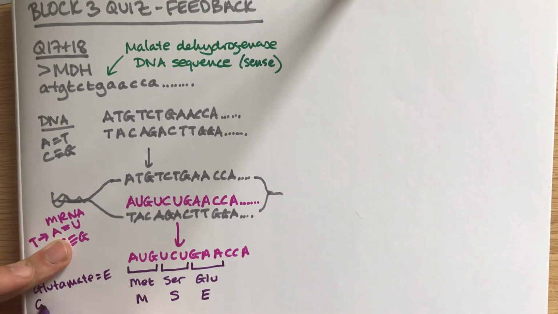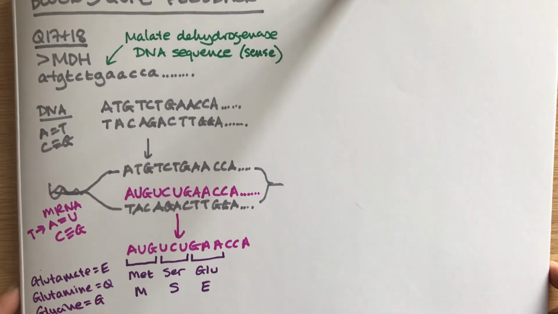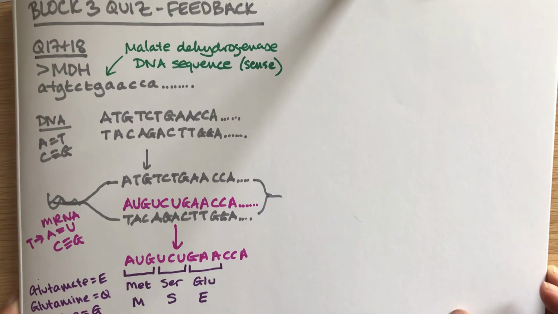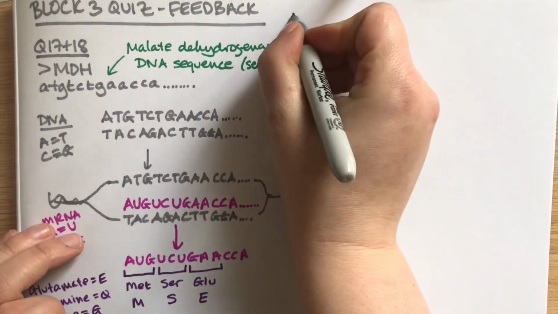Some people got it confused with glutamine, which was a Q, and some with glycine, which was a G. But given that I didn't give you a table of those lookups, I thought that was an understandable error, so I gave you the marks anyway. It doesn't matter whether you gave me an E, a Q or a G there, you got the points on the question. So that was the answers to questions 17 and 18.